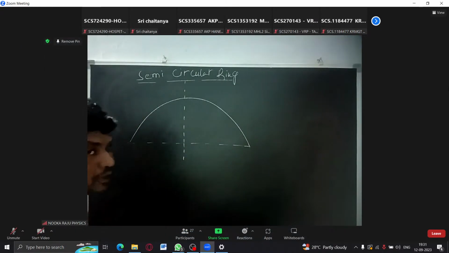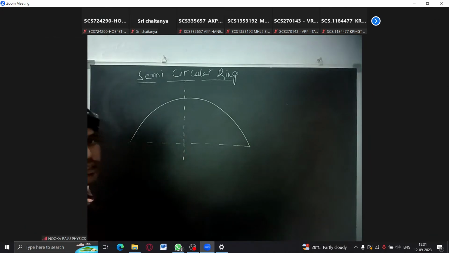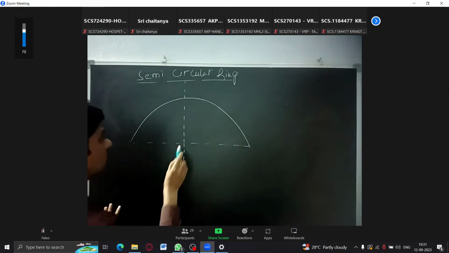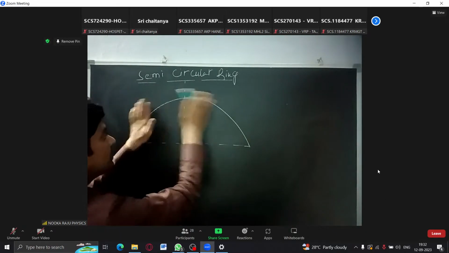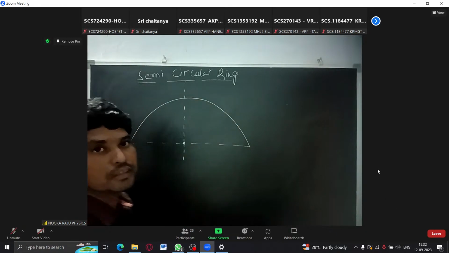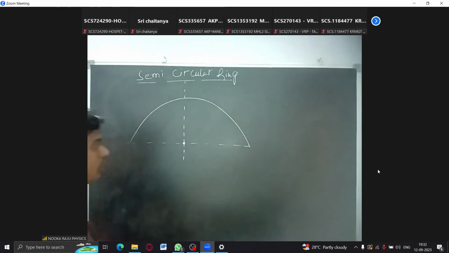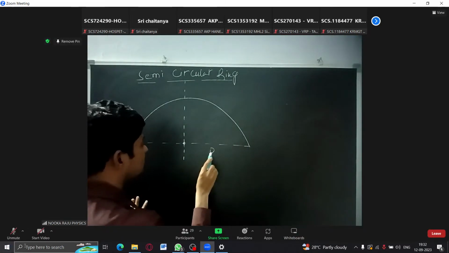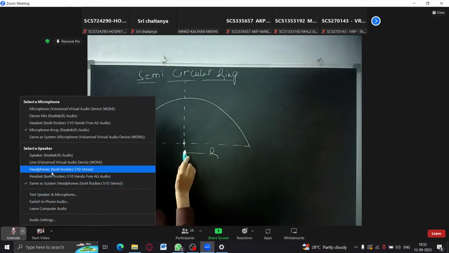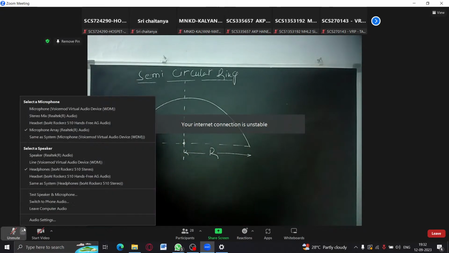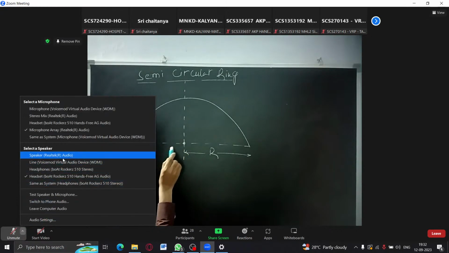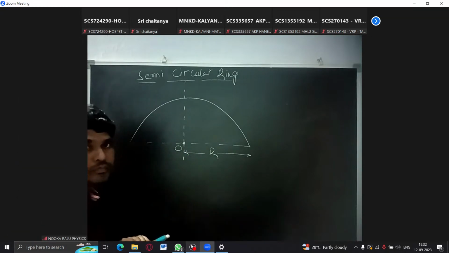By using the method of symmetry, this is the dividing part of the total semicircular ring. Now the radius of this semicircular ring equals R. R is nothing but the radius of the semicircular ring. Let us consider this as the origin.